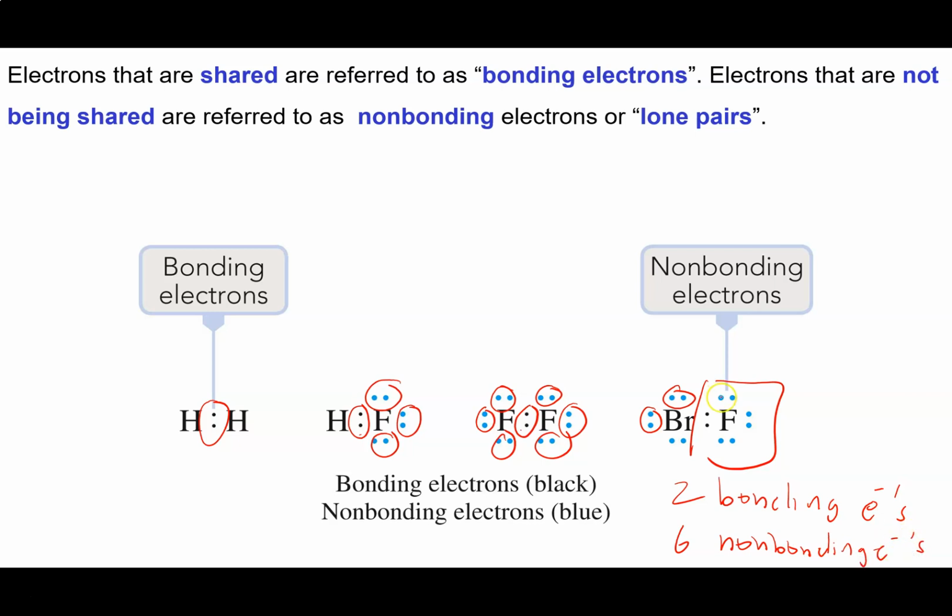Another way of saying this is that this fluorine has a single bond and it has 3 lone pairs. So you do have to be a little bit careful about whether questions are asking you for the number of pairs of electrons or the total number of electrons.